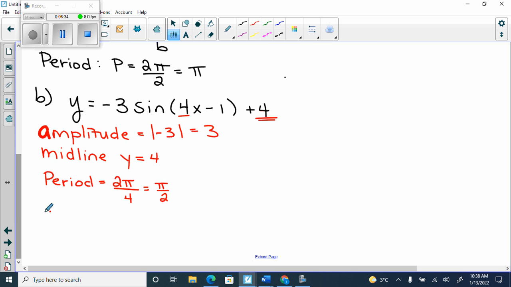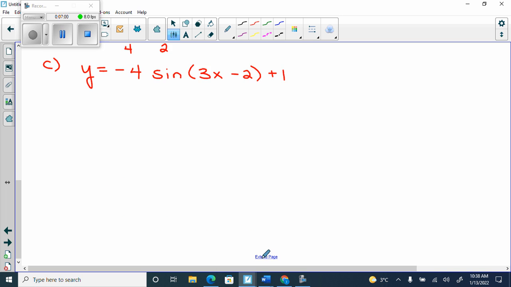Okay? Not too bad? For C, this is the one I want to see what you can do. Negative 4 sine 3x minus 2 plus 1.